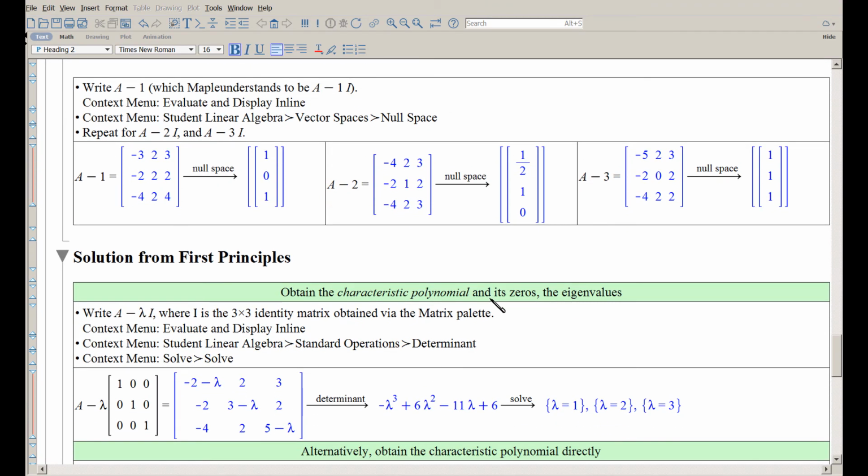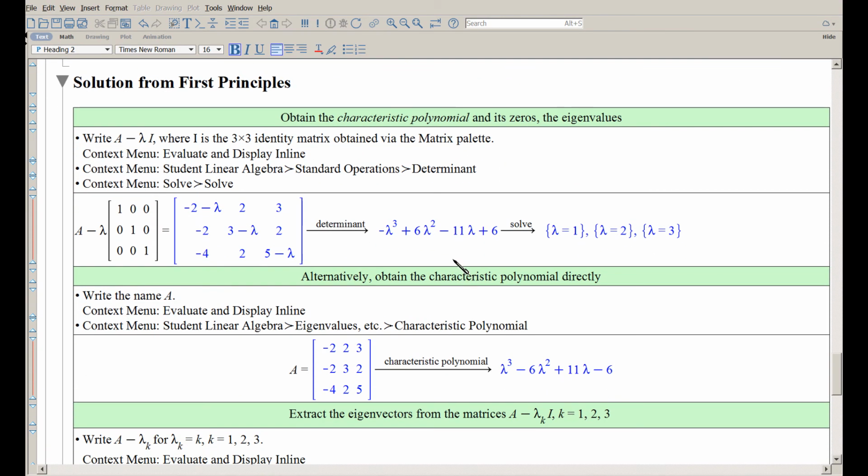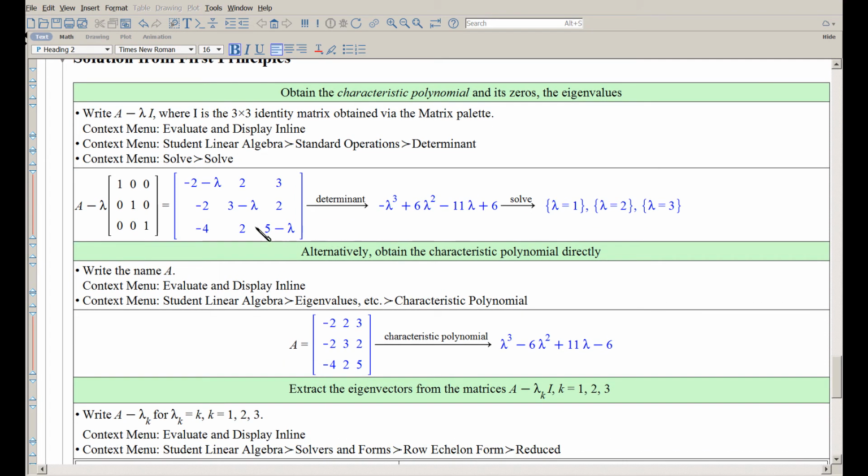From first principles, this is what the student is shown to do in his textbook. So A minus lambda I, again, lambda at this point is a symbol. You must put the matrix representing the identity as a multiplier so that Maple knows what to make of this product.